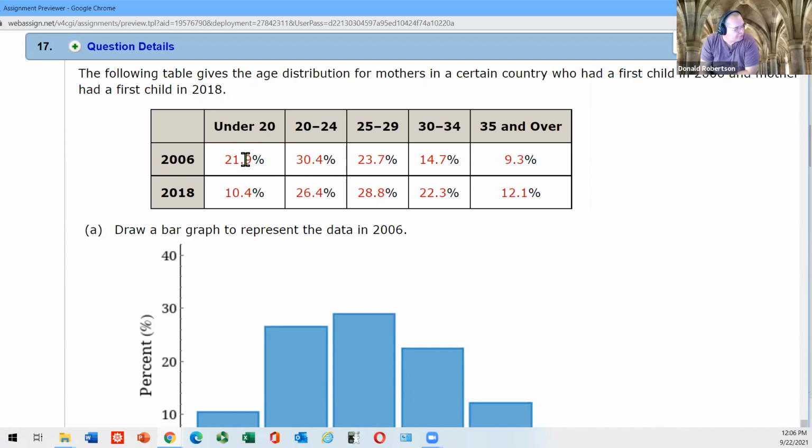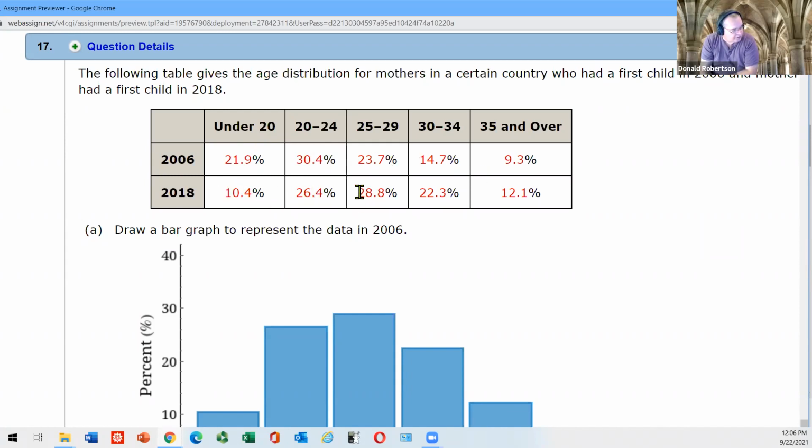If you take, for instance, the under 20s, isn't there half as many people who were under 20 in 2018 that had their first child? If we move over to the next one, it's about the same. But if you look at the trend, as it goes up and then tails off, do you see this one takes a little bit longer?